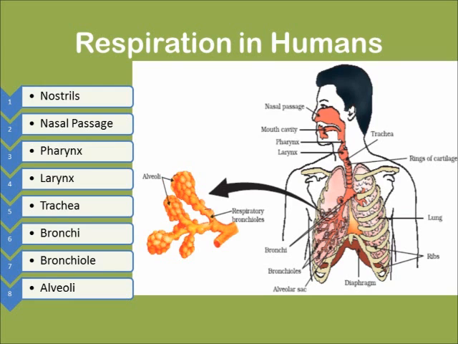Firstly, the air will enter the nose as shown. Then it passes the nasal passage, then the pharynx, then to the larynx and down to the trachea. Then it enters the bronchi and then the bronchioles and finally enters the alveolus.